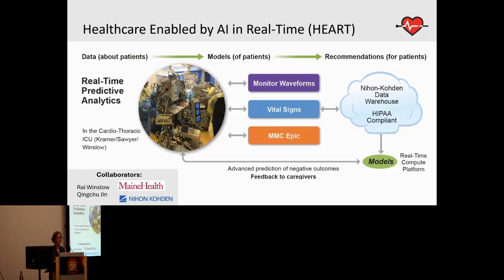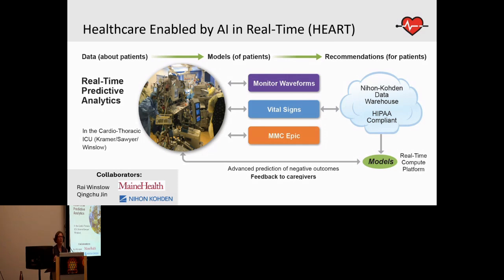And these adverse events can come on suddenly and can be very costly in terms of both patient health and dollar cost to the hospital. And so what we would like to do in this project is to be able to predict adverse events like heart failure, cardiac arrest, sepsis, and so on for these patients quite early on so that the clinicians could intervene earlier.